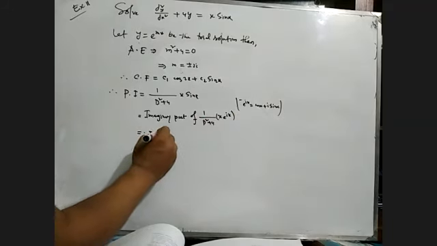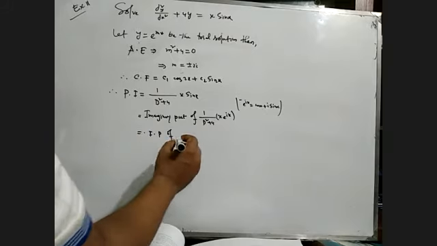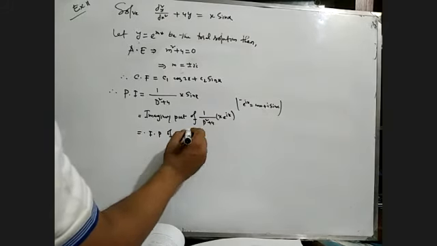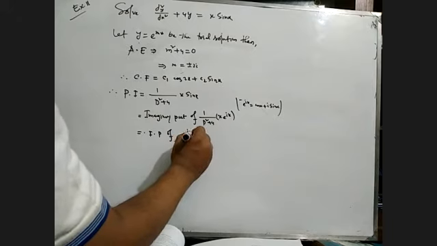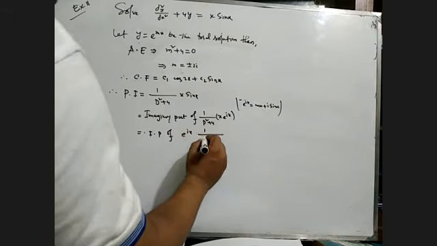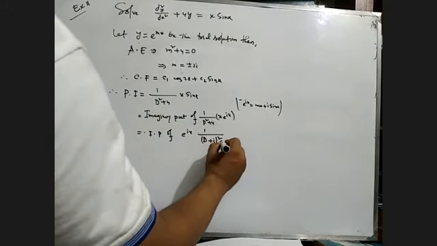So the imaginary part of, if we take e to the power ix to the left side, then D will become D plus i.